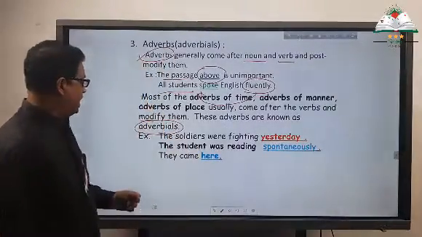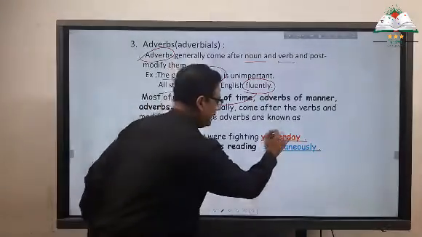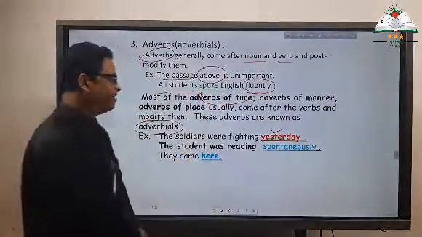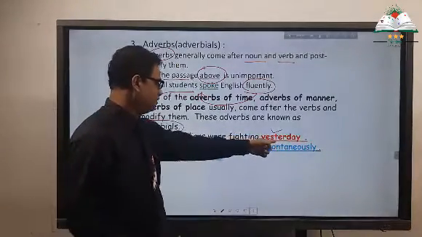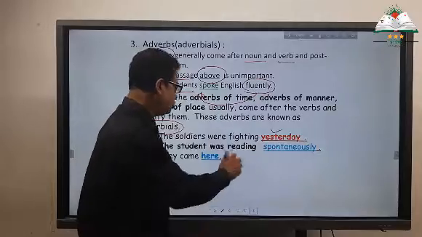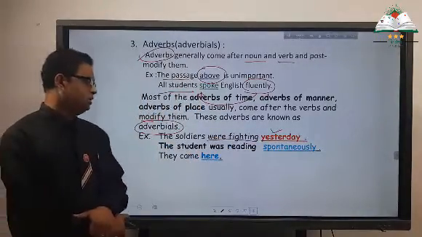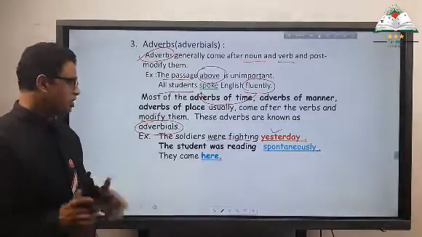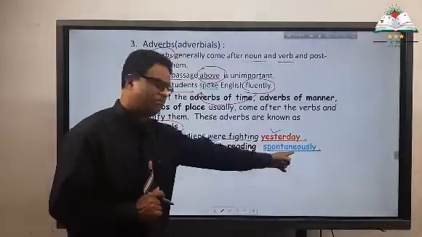You see, for example, the soldiers were fighting yesterday. Here, this word is an adverb of time, and this adverb has been used as a post modifier of the verb. Come to the second example: the student was reading spontaneously. So, it is an adverb of manner.